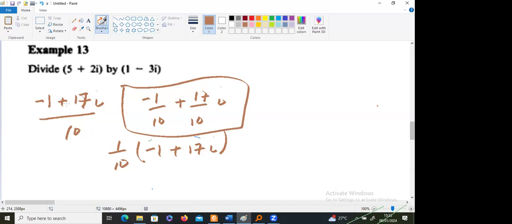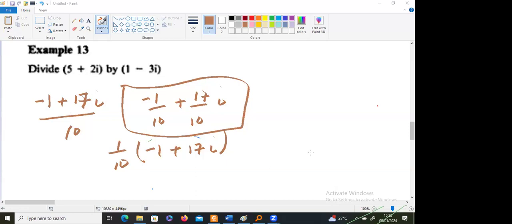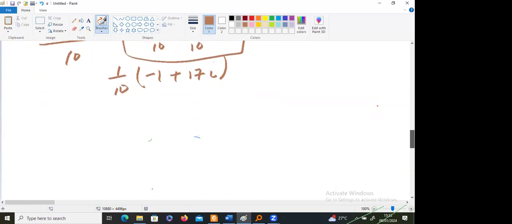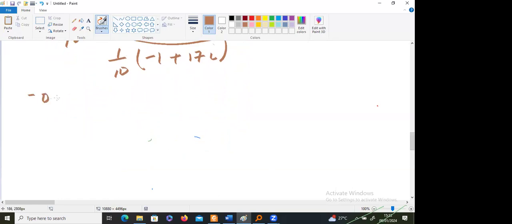Like -0.1 plus 1.7i. You want to give -0.1 plus 1.7i.